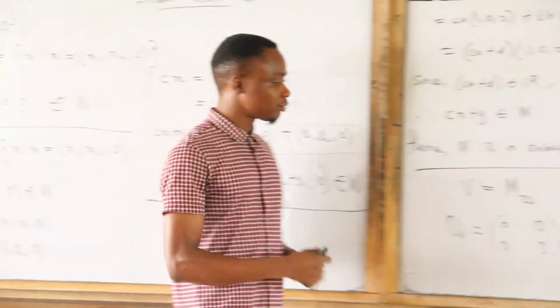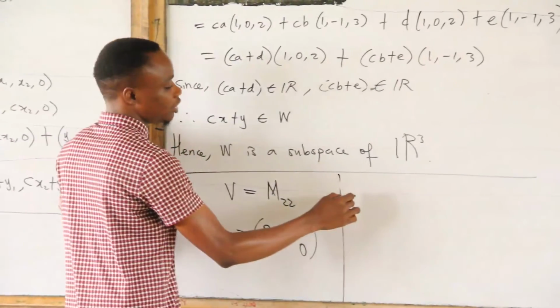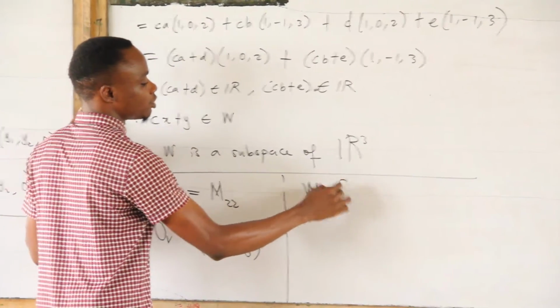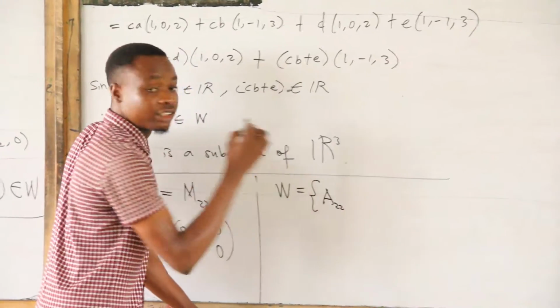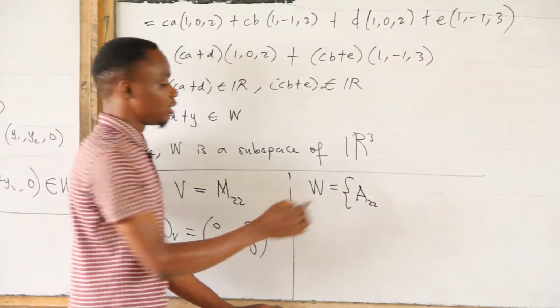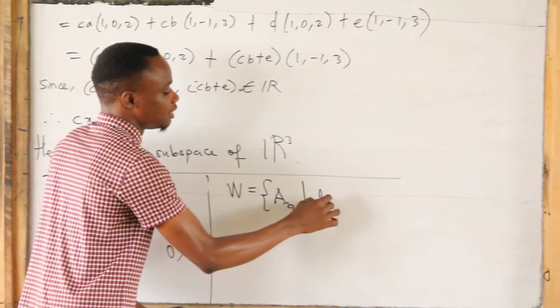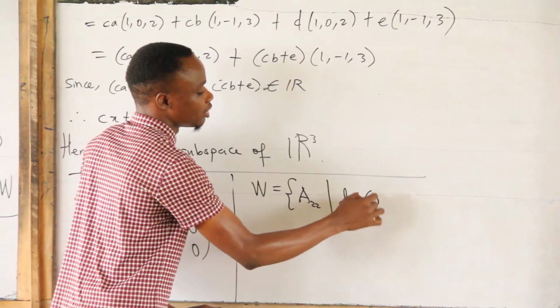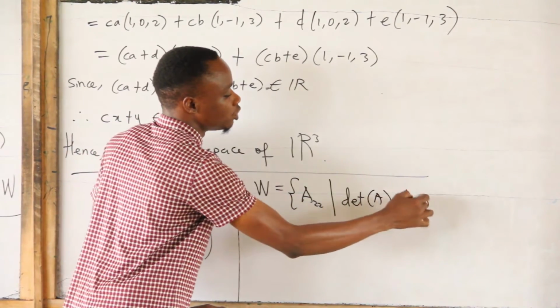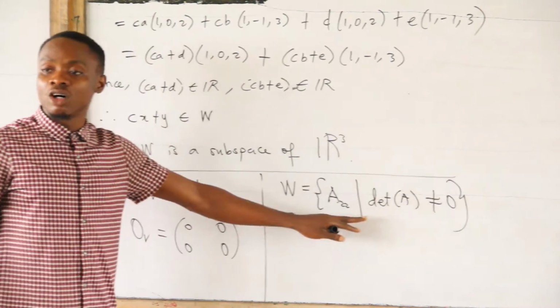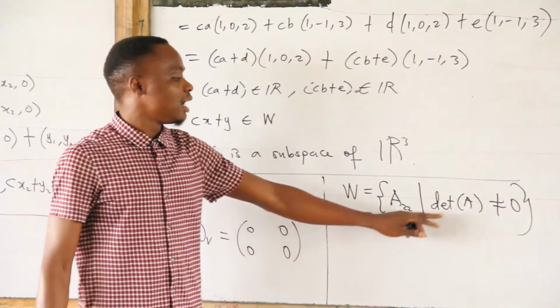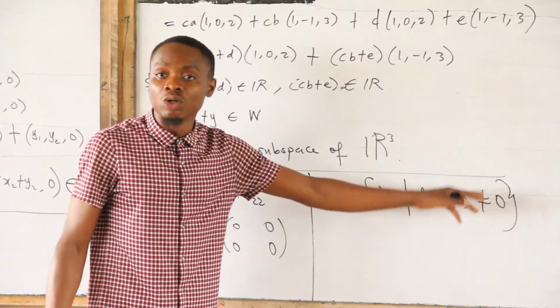Why? Look at the definition. W is defined to be the set that contains the 2 by 2 matrices A such that the determinant of A is not equal to 0. That means the elements of this subset have to have non-zero determinants.